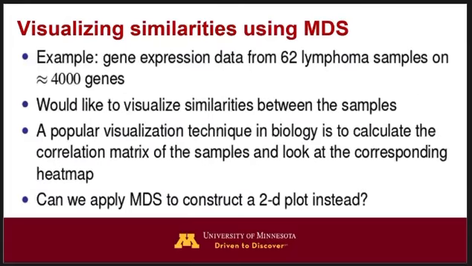Beyond distances between European cities, you can also use this in gene expression data. Imagine you have 62 lymphoma samples, 62 individuals, each having 4,000 gene expressions. And what is the conventional approach that we used before MDS? It is the heat map.